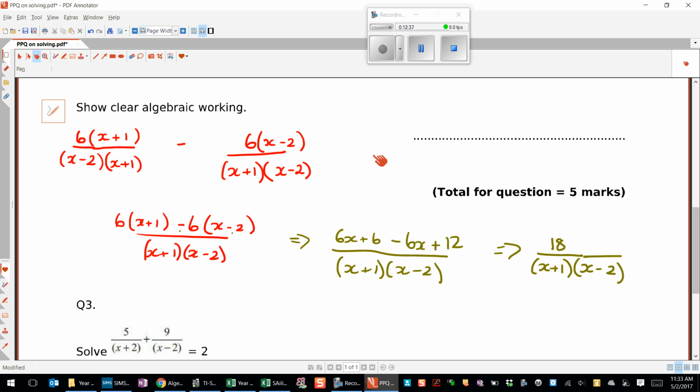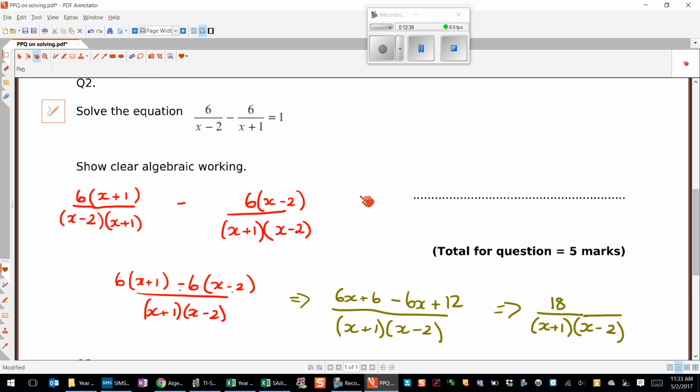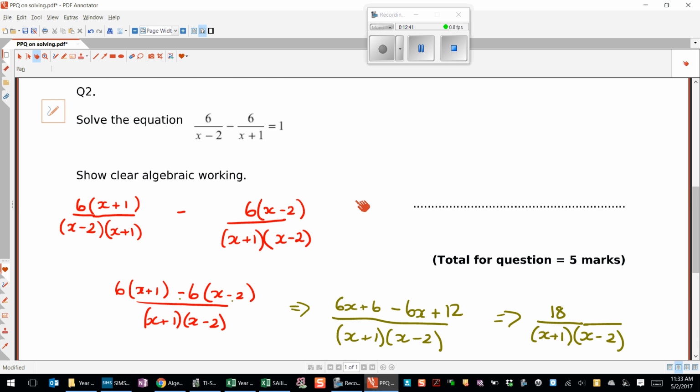It is quite the top end of what we need to be able to do. What we need to do though is go back to sort out this equals 1. So I'm going to rewrite it up here. I'm going to now write it's 18 over x plus 1, x minus 2 equals something.